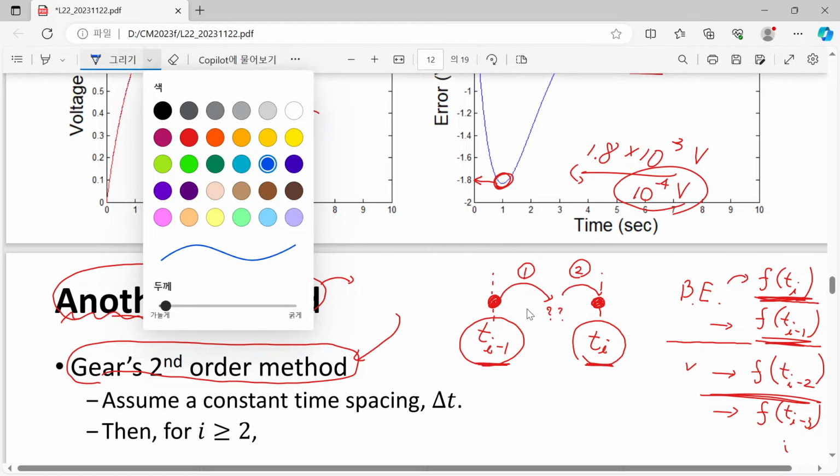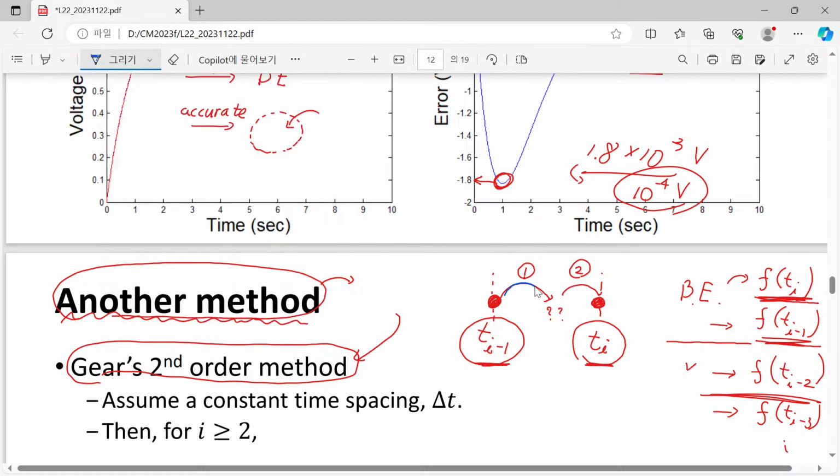What they do is first go to this intermediate internal step using this linear scheme. Then now you have t sub i plus 1 and t sub i minus something.